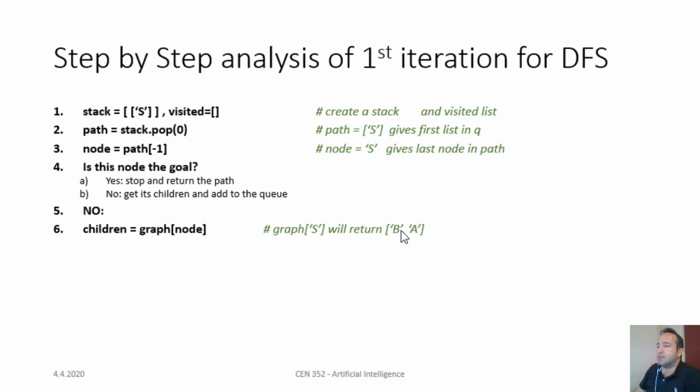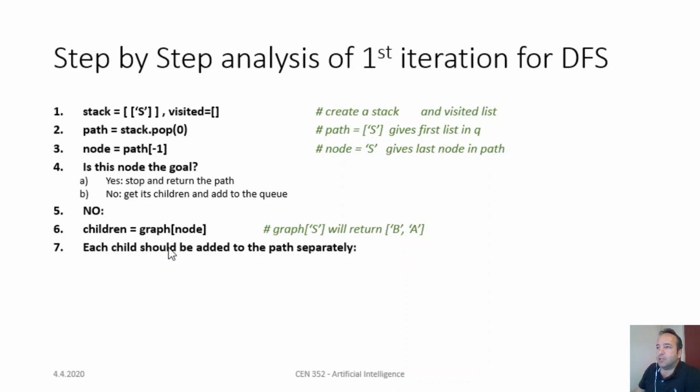So I will get SB first, then over SB I am going to stack SA. When I pop, I am going to pop SA first. This is important in this problem because we say that the ties are broken in alphabetical order, so I am supposed to explore A before B.